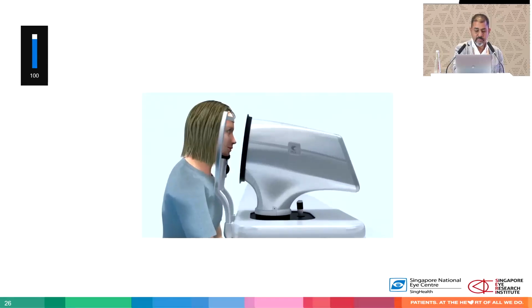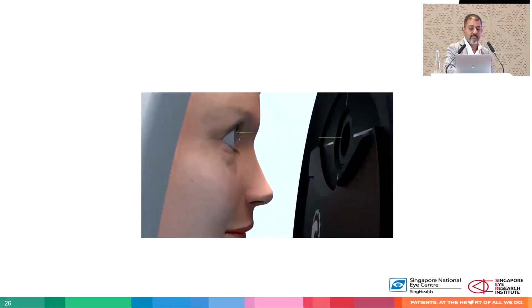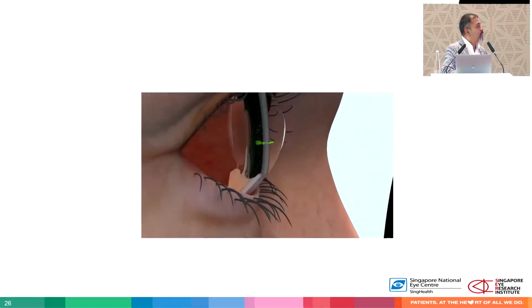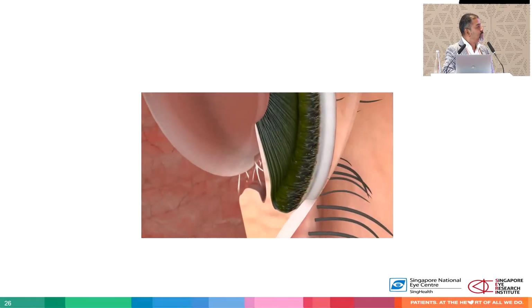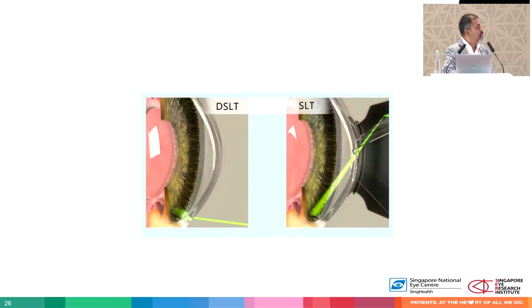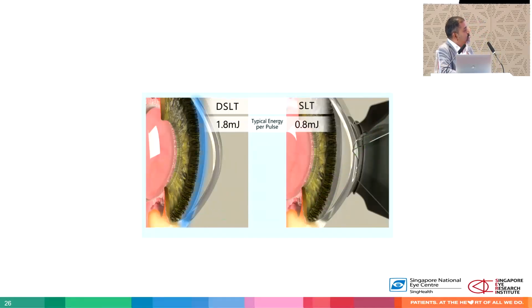400-micron beam on the limbus, and as the laser energy penetrates the ocular tissue, it scatters, forming a cloud of energy reaching the trabecular meshwork. To better understand, let's look closer. The typical energy delivered per pulse is higher in DSLT than SLT. In DSLT, the energy is directed through the limbus, and in SLT via the cornea.